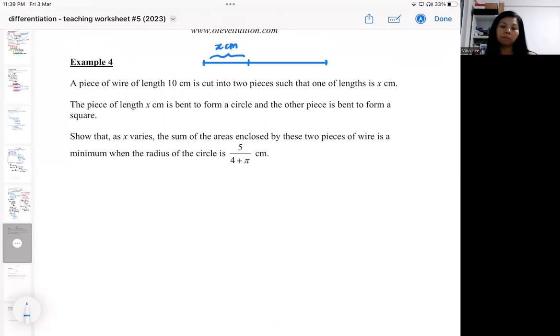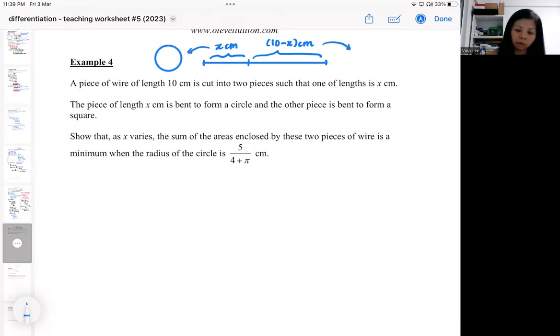So if the first length is X centimeter, then the second piece will be 10 minus X centimeter. Okay, and then the first piece, we're going to be forming into a circle. And this one, I'll be forming into a square.